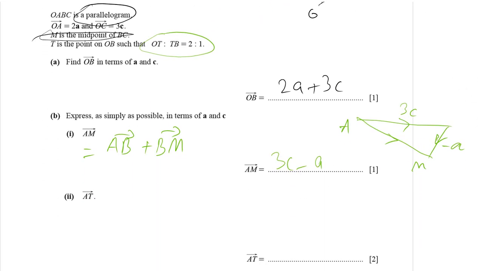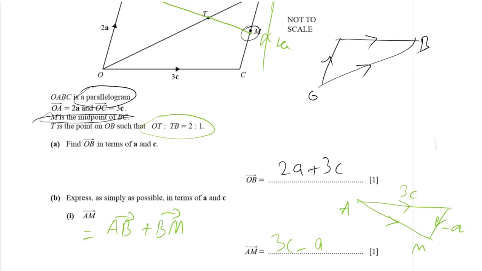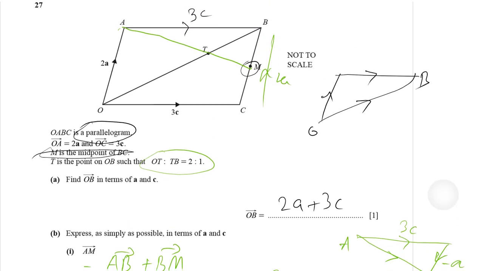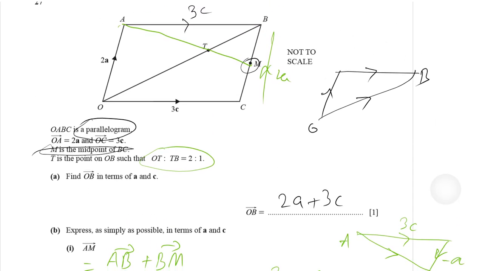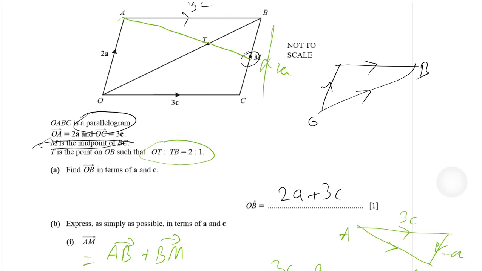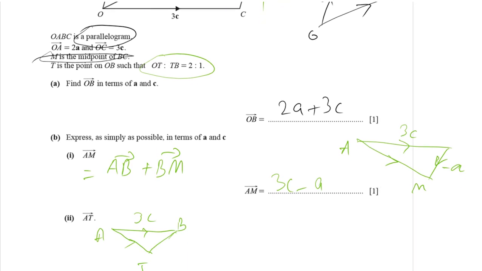For AT, I'll take this triangle A, T, and this is B. This is 3C, and we do not have anything for AT or TB. Actually, TB is a part of OB. So it would be 1/3 of OB, and our OB was 2A plus 3C.